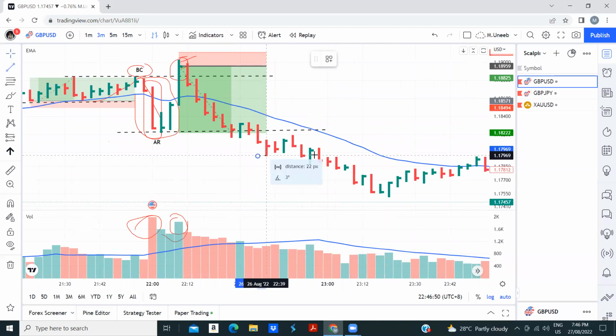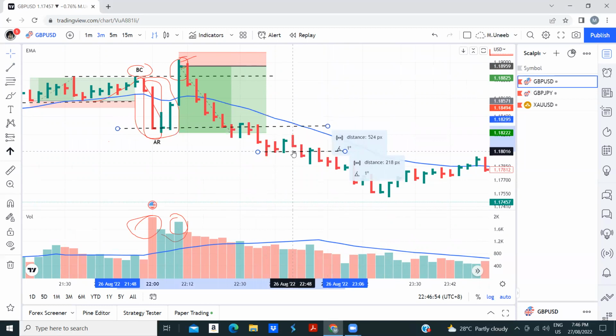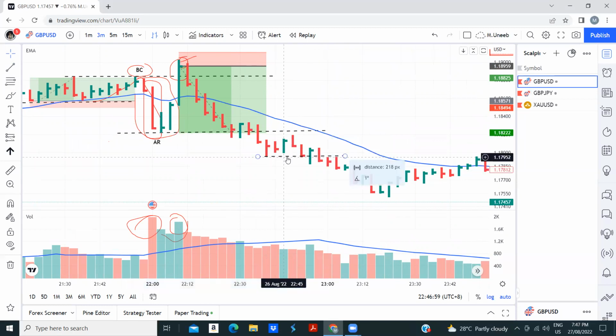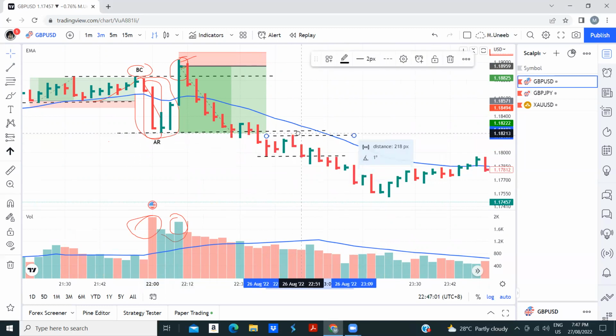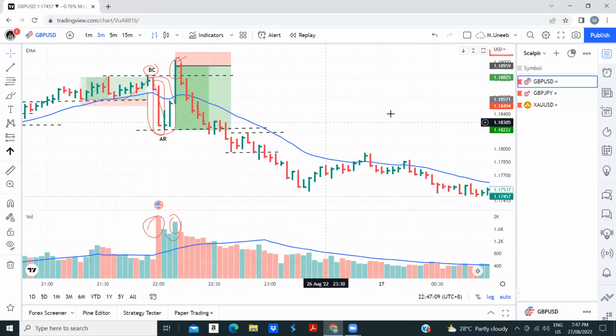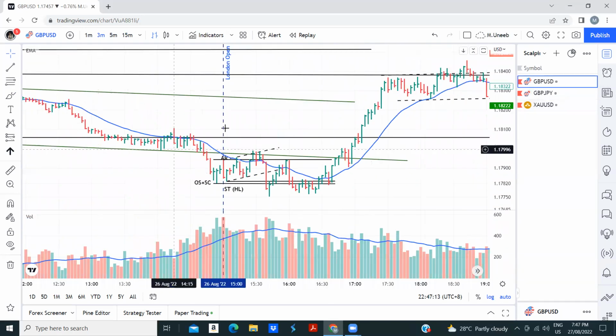FTI, and this would become redistribution. Am I right? Redistribution, I can take your entry to the downside here. All clear?